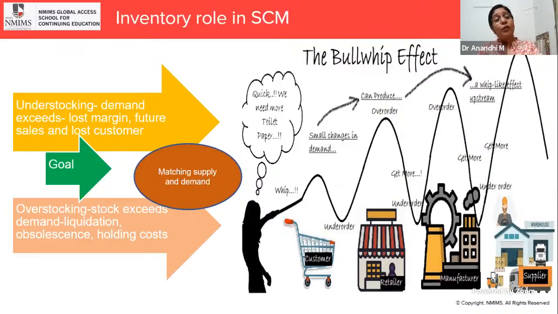Otherwise, they are going to spend more than 300, 400 rupees per unit for storage, loading and unloading, warehousing, all these logistics costs. So that is why they go in for the discounted sales and end of season sale to minimize the cost associated with that.